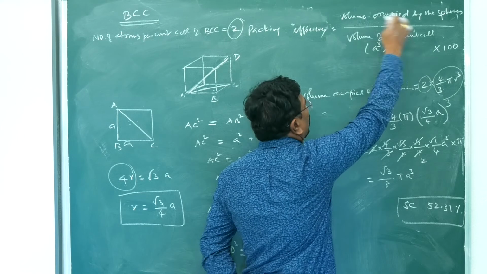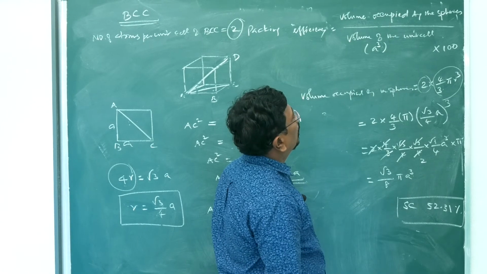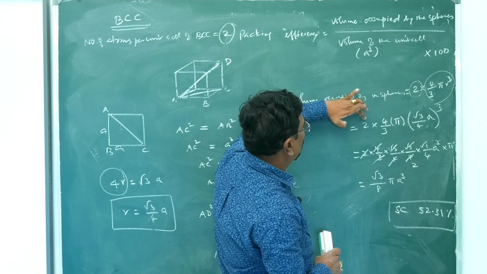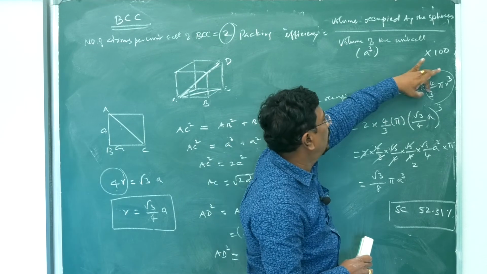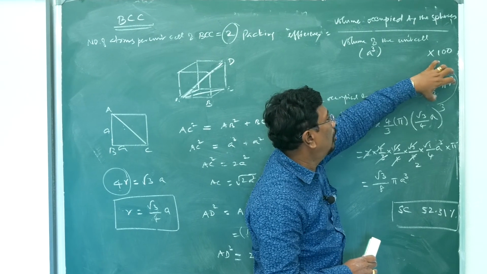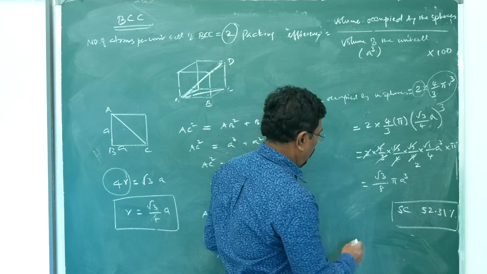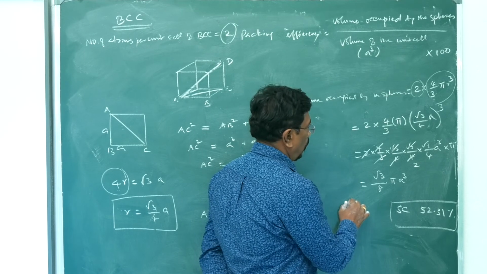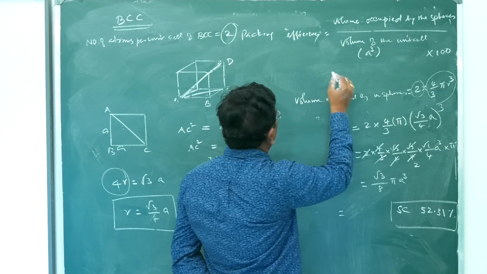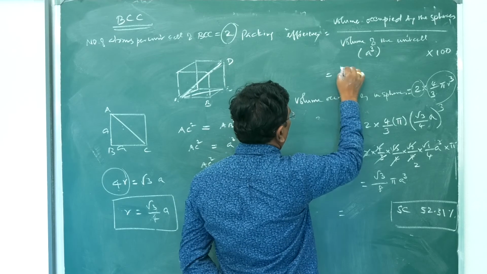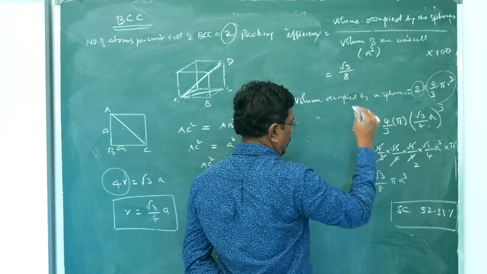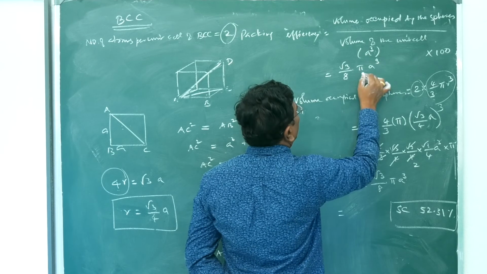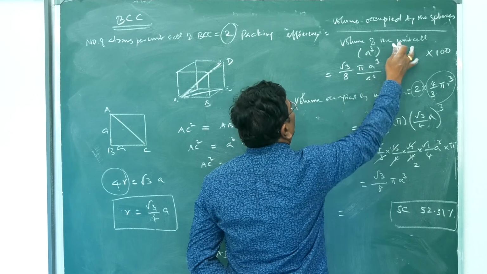That is the volume occupied by the spheres. Here there are 2 spheres for BCC, therefore we have multiplied by 2. 4 by 3 pi r cube is the volume occupied by 1 sphere. Packing efficiency is root 3 by 8 pi a cube divided by a cube, because the volume of the unit cell is a cube.